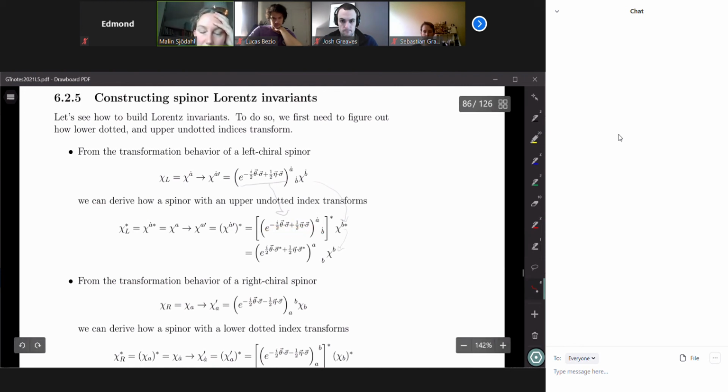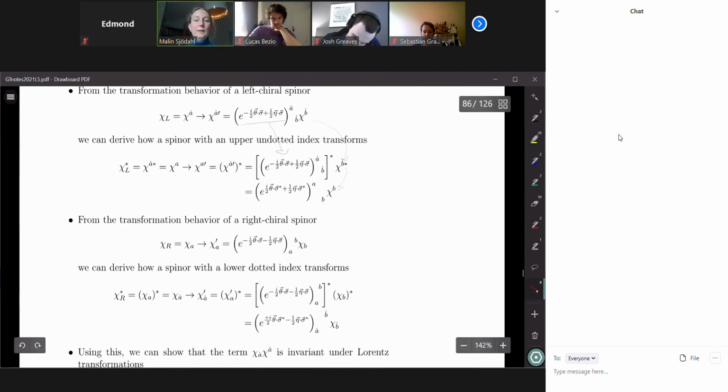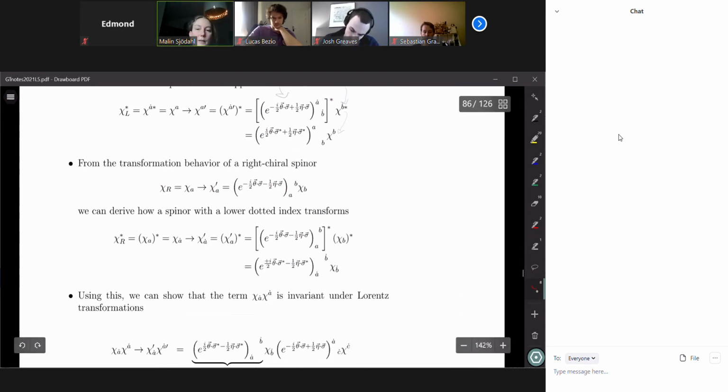Now, doing that, the i becomes minus i, so I get a plus sign here. I must complex conjugate the sigma, so I get sigma star, and here as well, I get sigma star. So I have this transformation relation for this field, upper undotted index.